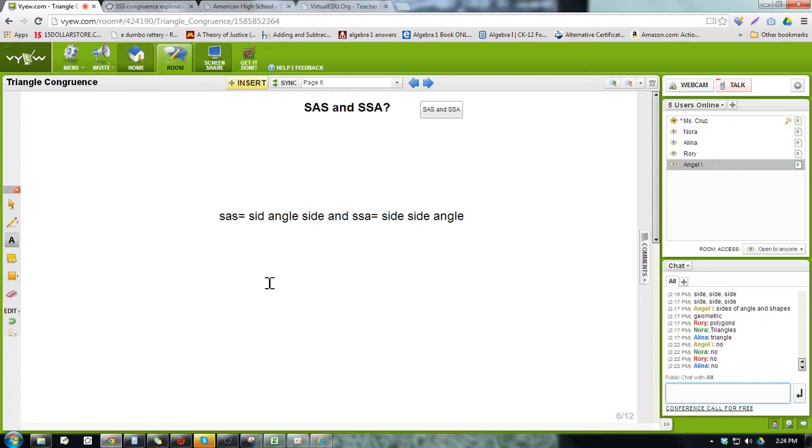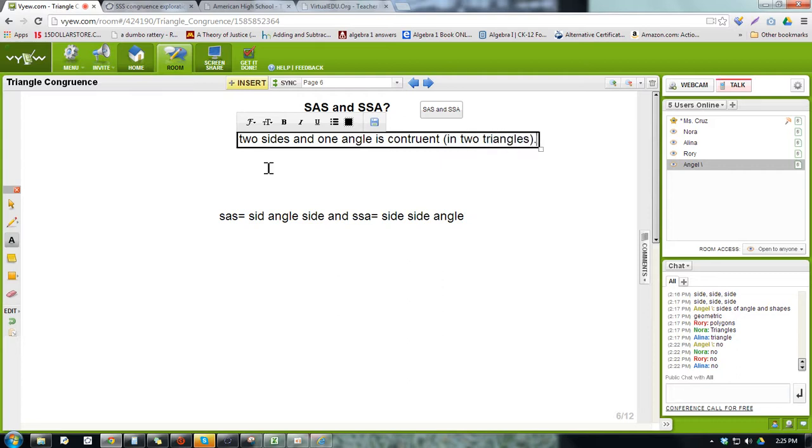Okay, perfect. Basically both of these are cases where two sides and one angle are congruent in two triangles. The difference is the order of the sides and the angles that are congruent.